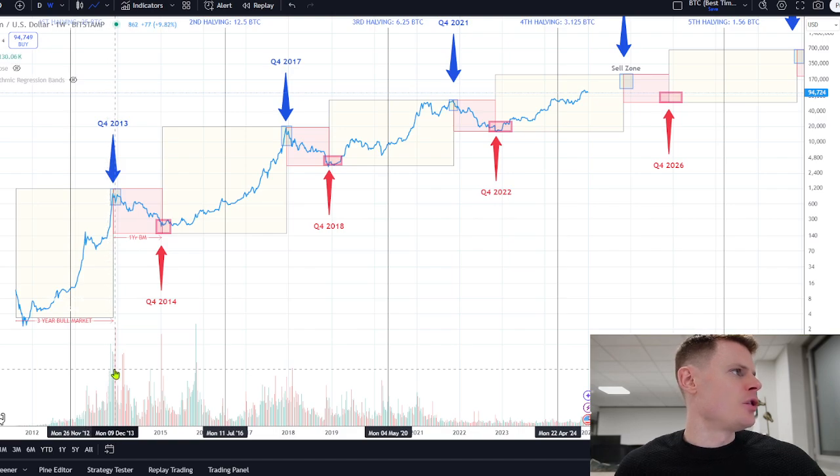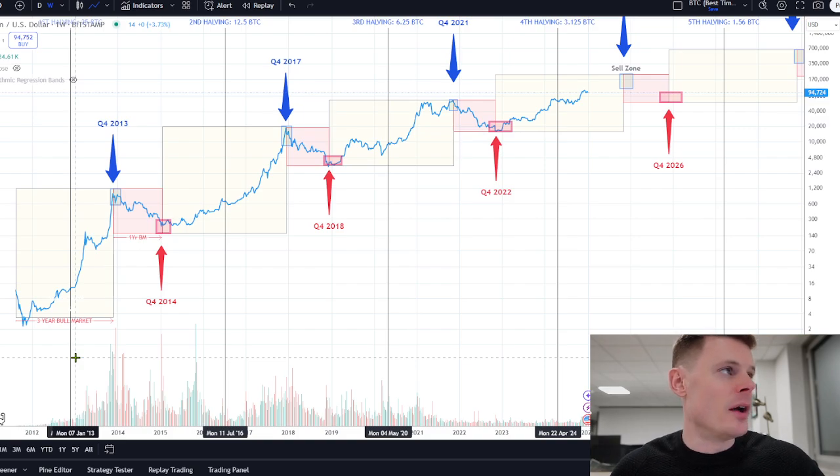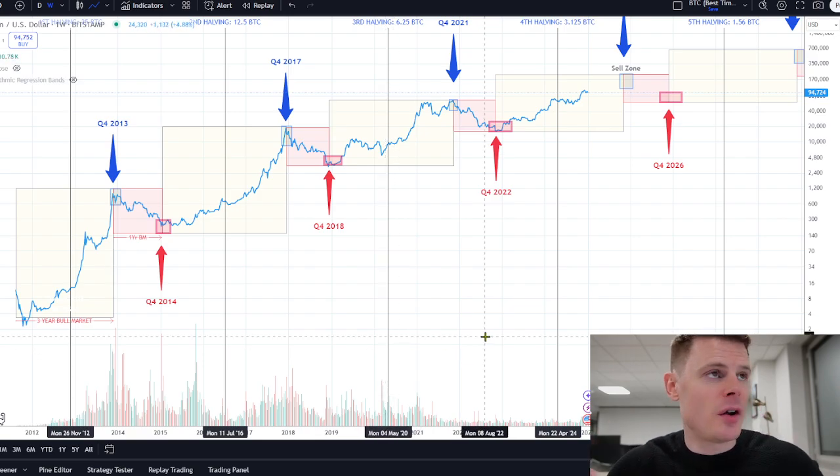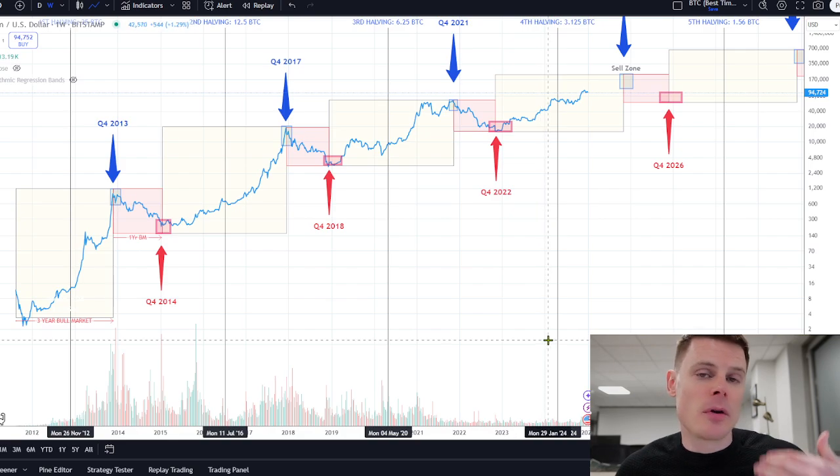For example, we can see that the halving that occurred in 2012 reduced the number of Bitcoin that's given out to 25. Then the second halving reduced it to 12.5. The third halving reduced it to 6.25. And then the most recent halving reduced the number of Bitcoin given out to 3.125.